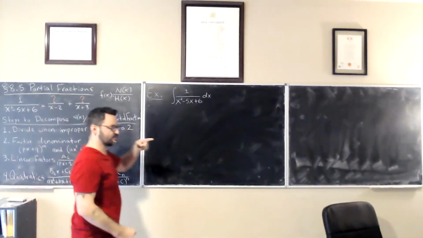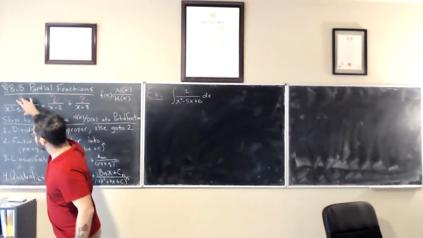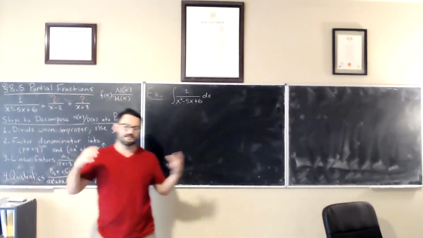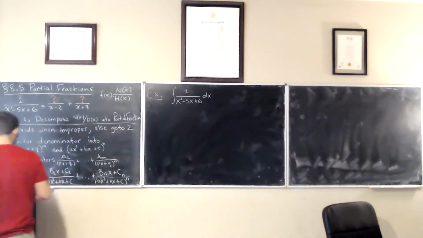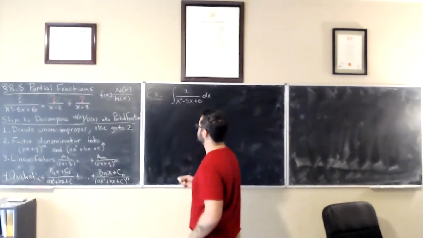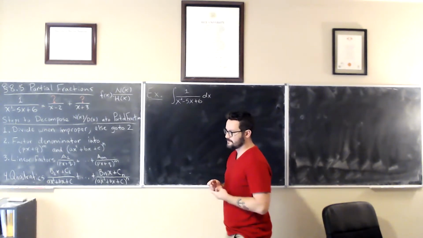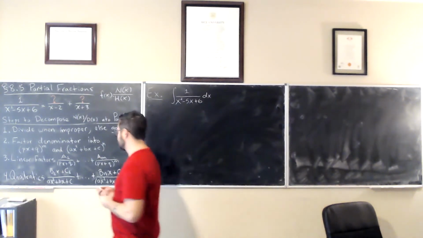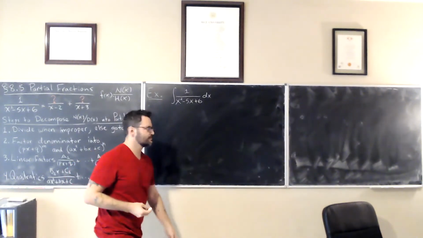We're going to go the opposite way. We're going to start here in the combined form, and we're going to expand out. The way that we can do this is by fully factoring the denominator into these linear and quadratic factors. Once you've done that, you set up, well, I'll illustrate it with this example.